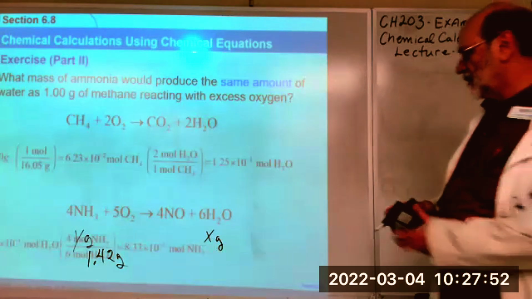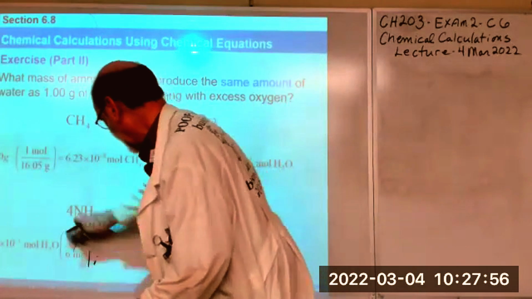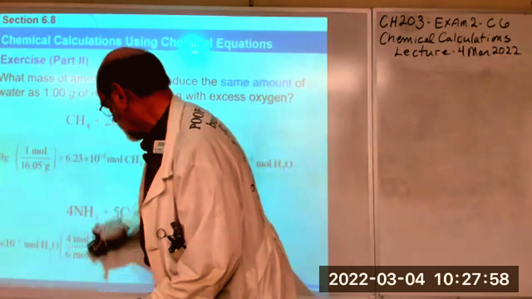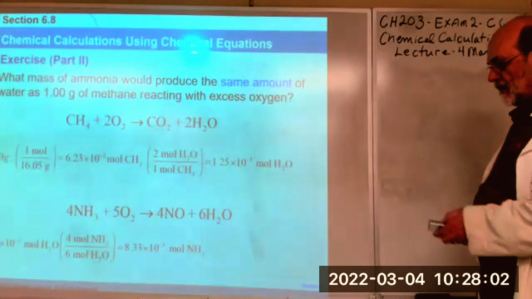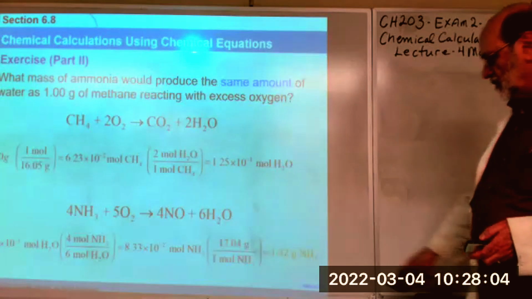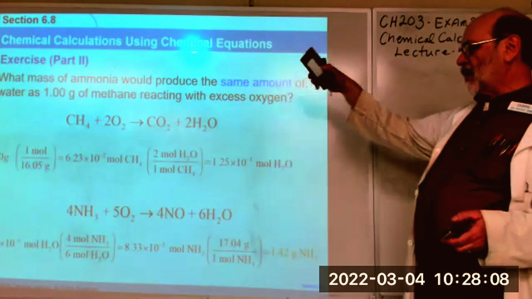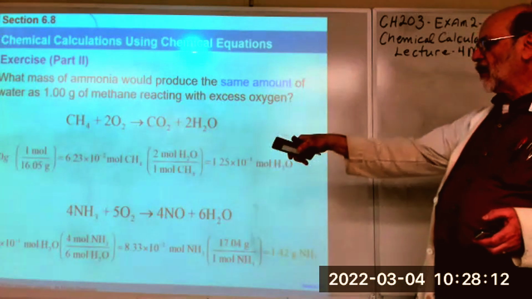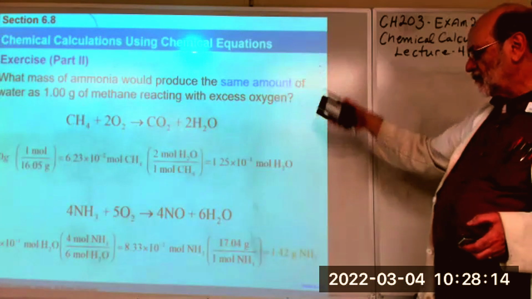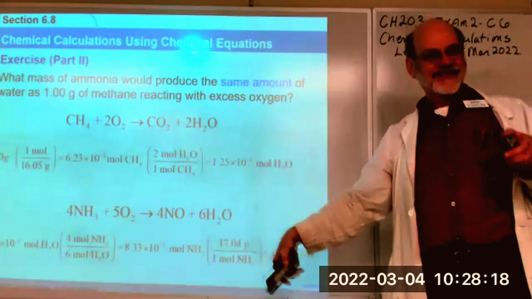And then we take moles of water now in a different equation and convert that to moles of ammonia, and then ammonia to mass. So we go mass, moles, moles, mass.